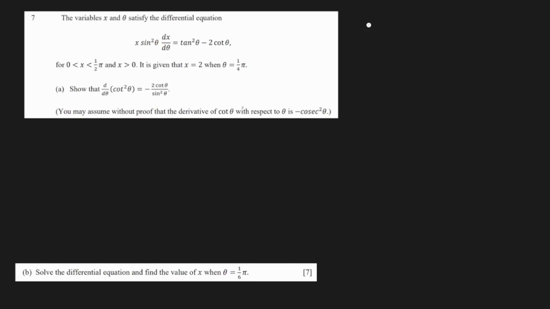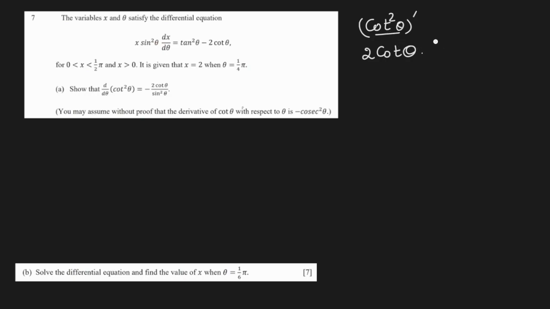So cot square theta, we have to differentiate this. To differentiate, first we will just treat it like an exponential expression. So 2 will come in front and its exponent will go down by 1, so the square will become 1.